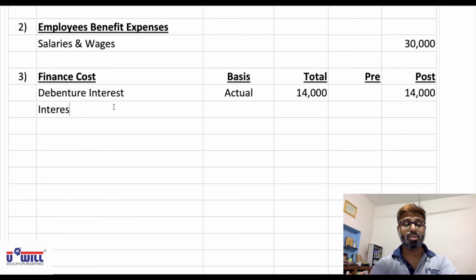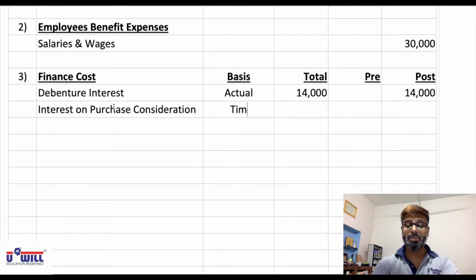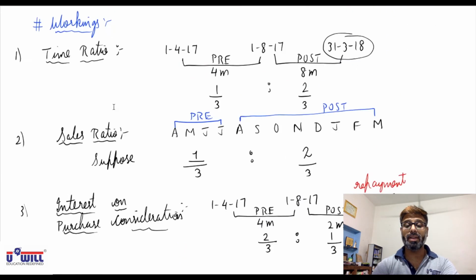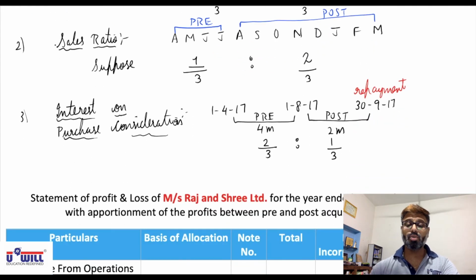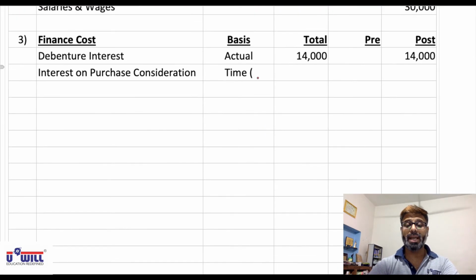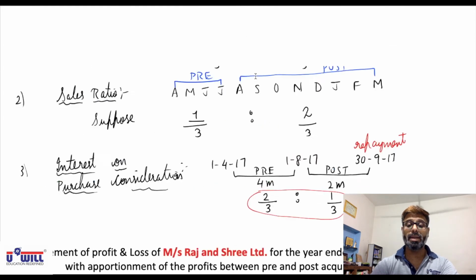Then interest on purchase consideration, time basis, but up to the date of repayment. That means the third working we have done, that is 2:1. Up to the date of repayment means this 2:1 time ratio. So here time ratio in bracket 2:1, that is 2 by 3 and 1 by 3.